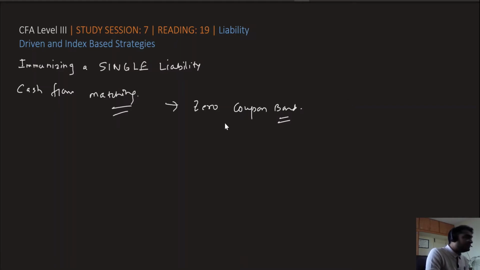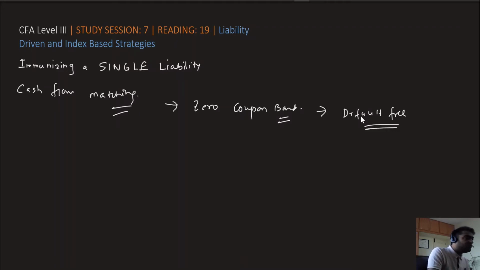With a zero coupon bond, there are no cash flows to reinvest and there is no price risk also. So there is no price risk, no reinvestment risk. An important point to remember is that these bonds should be default free or risk free, so you're sure that you will meet that particular single liability.